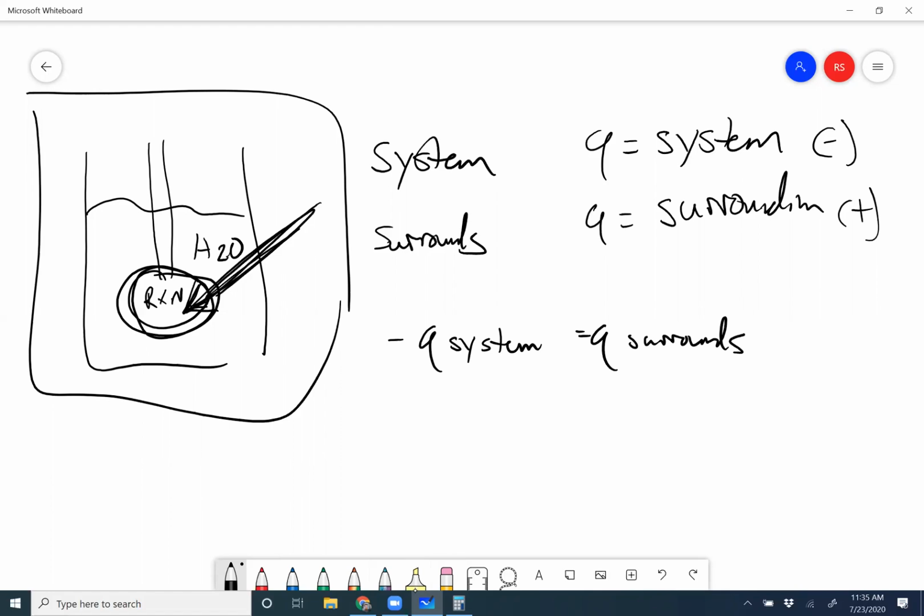Now, why is this helpful? Because remember, we defined what Q was. It was specific heat times the mass times the change in temperature.